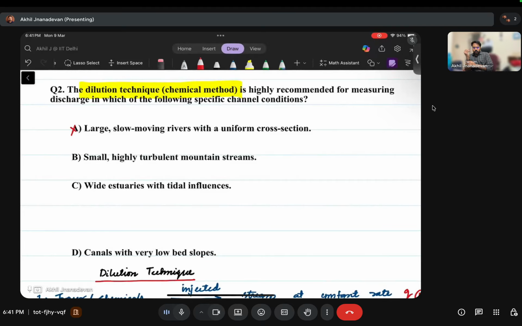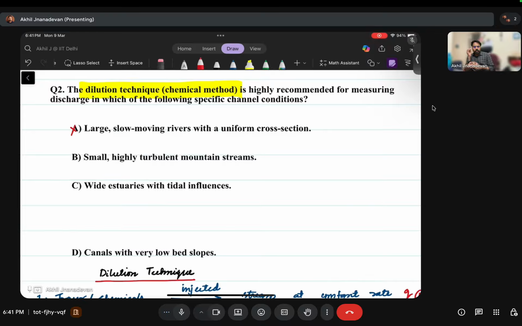The second one is small, highly turbulent mountain terrains. Right. In the first case, slow-moving rivers, if we use this tracer technique, the tracer won't be mixing properly. The tracer has to get mixed with the water flow, and given that it mixes properly, only then can we apply this continuity equation.